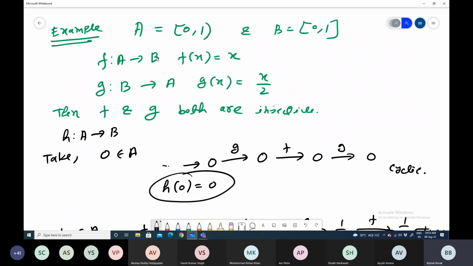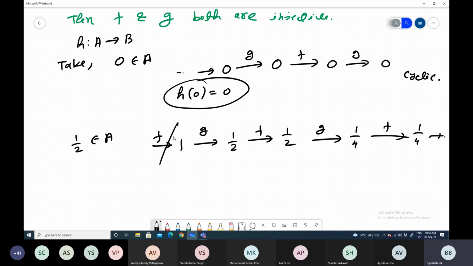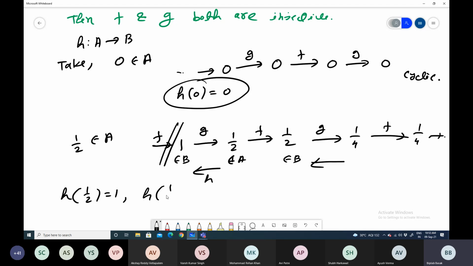So if you choose 1, 1 does not have any preimage here. So it stops here. So this is in B. This is in A. So we define H in this direction. So H of half will be 1, H of 1 by 4 will be 1 by 2, H of 1 by 8 will be 1 by 4. In this way, we are defining H.